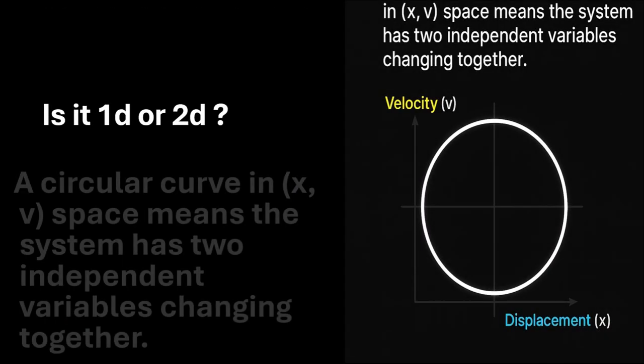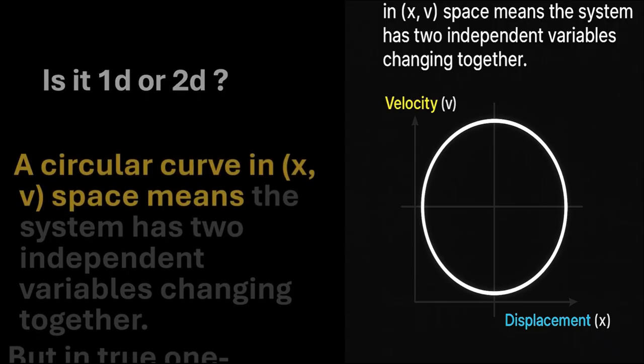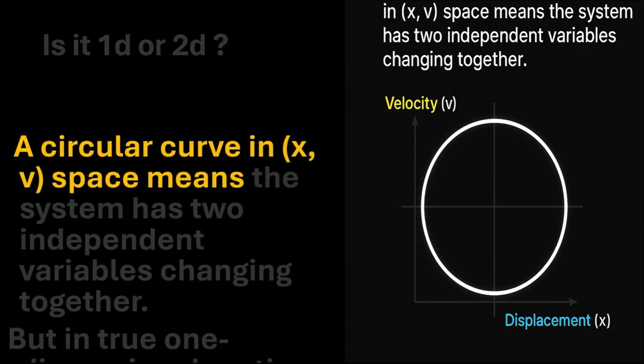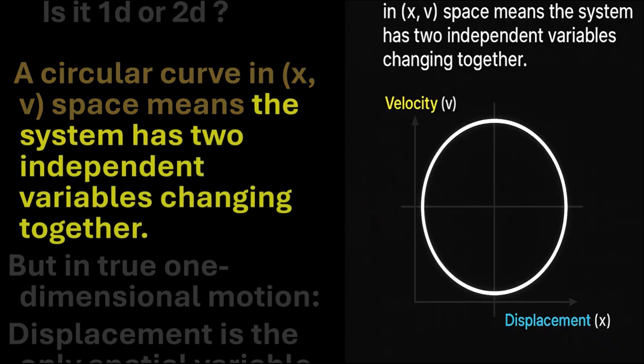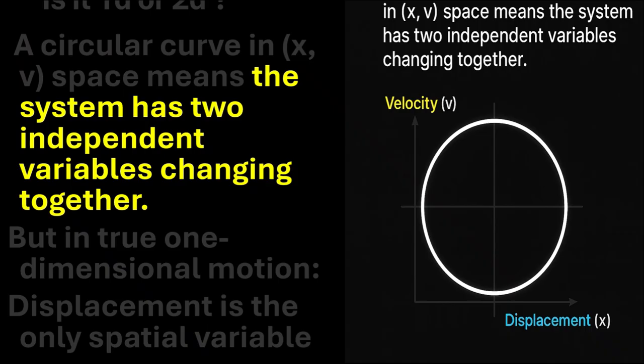Now, if this graph has to make sense in one dimension, or if this is a graph which is trying to portray two different variables, this should represent a two-dimensional motion and not a one-dimensional motion. A circular curve in x comma v space means the system has two independent variables which are changing simultaneously, right?